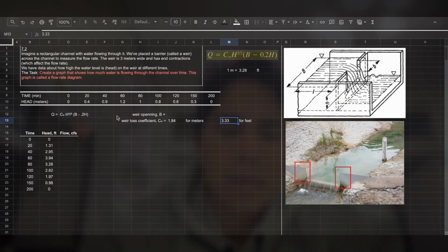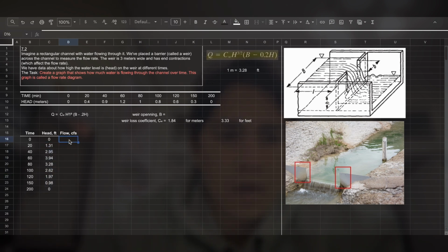So let's convert the head from meters to feet. I have already done it. If you want to remember, 1 meter equals 3.28 feet. All I have done is multiply each of these values by 3.28, and that's how I got all the heads in feet.